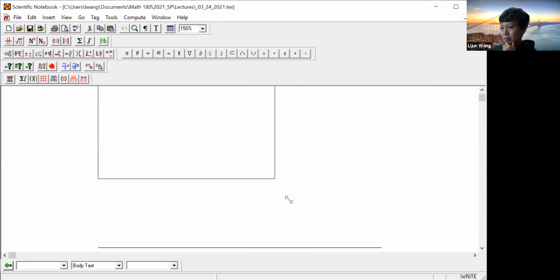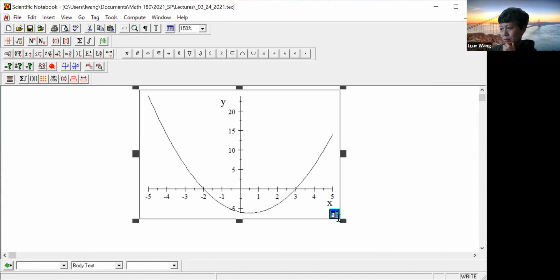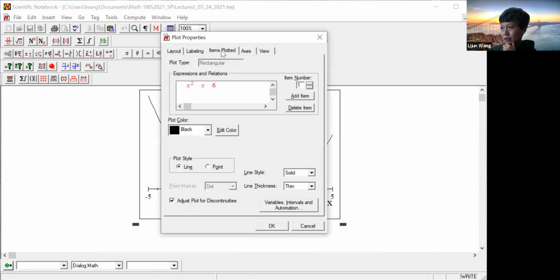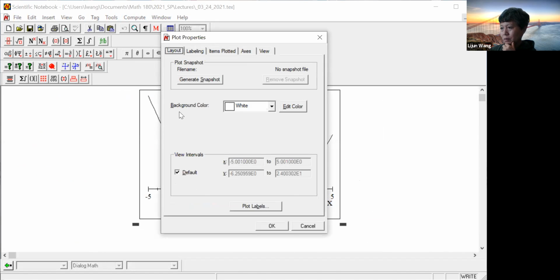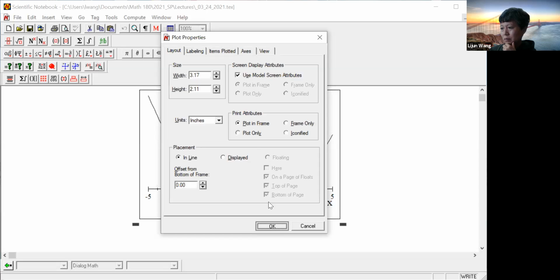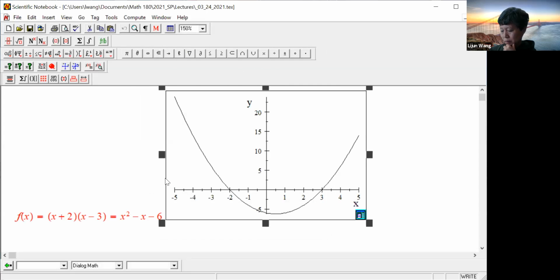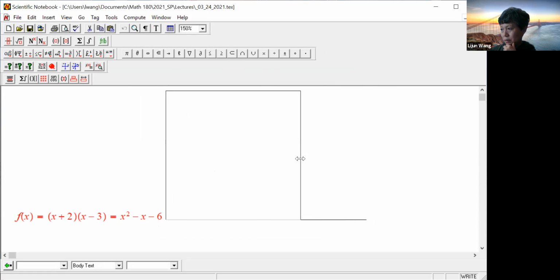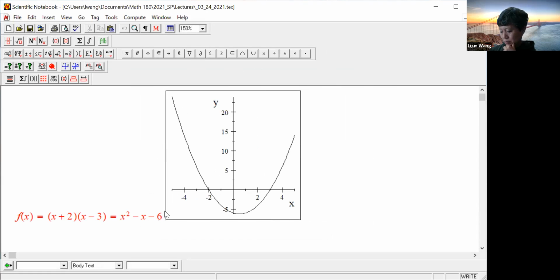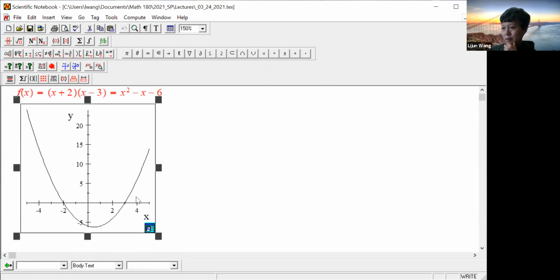And what does it mean? Okay, so I'm going to make some adjustment to the picture. Here, okay, this is more like it.